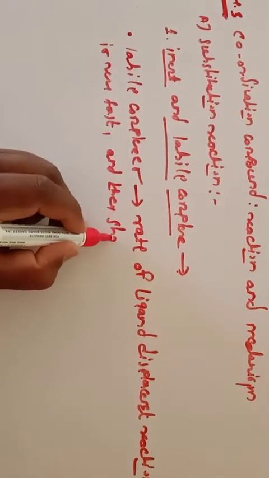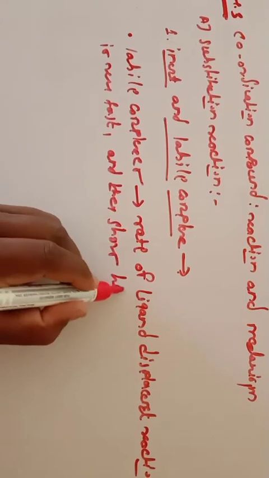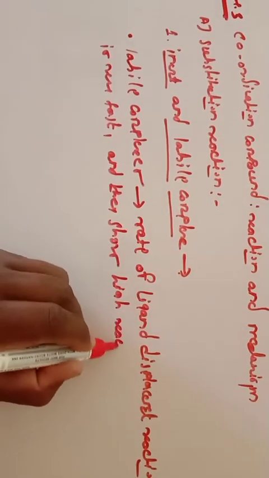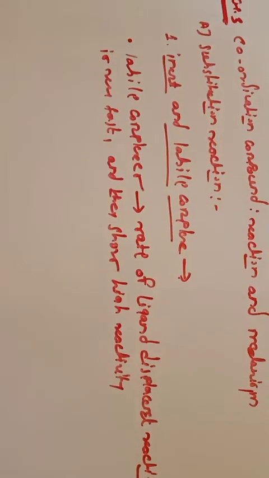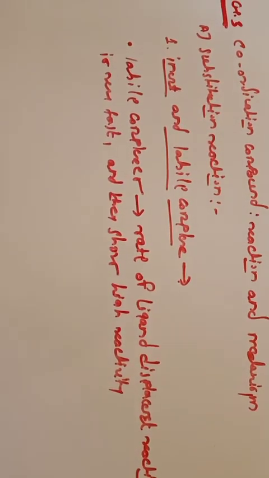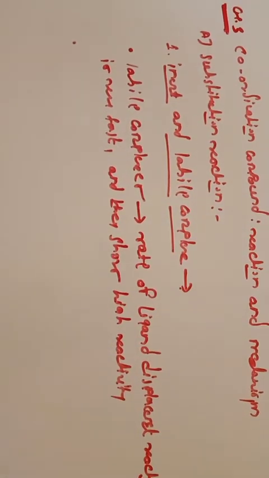They show high reactivity, and are called labile complexes. So the complex in which the rate of ligand displacement, or the rate of ligand substitution, is very much higher and which shows high reactivity is called a labile complex. Okay, and this property is termed as lability.